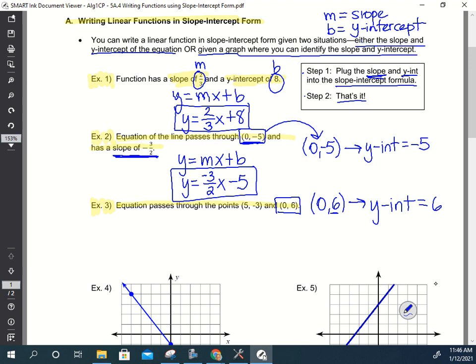So now we know y equals mx plus b, so y equals something plus 6. What are we missing? We're missing the slope. So now we got to find the slope. And if you have 2 points, we can find the slope.